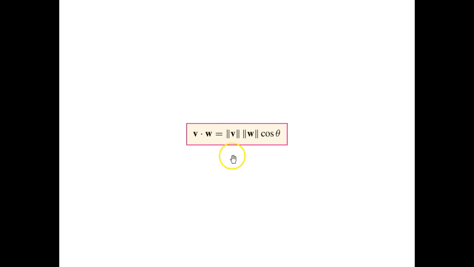And following that, V dot W, this is one definition of a dot product: magnitude of V times magnitude of W times the cosine of the angle in between. If you know the angle in between, that way you can calculate a dot product. If you know the components, you don't need that angle. All you have to do is multiply the corresponding components and sum those up.